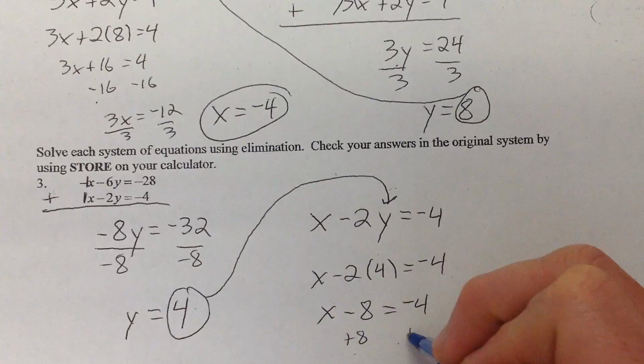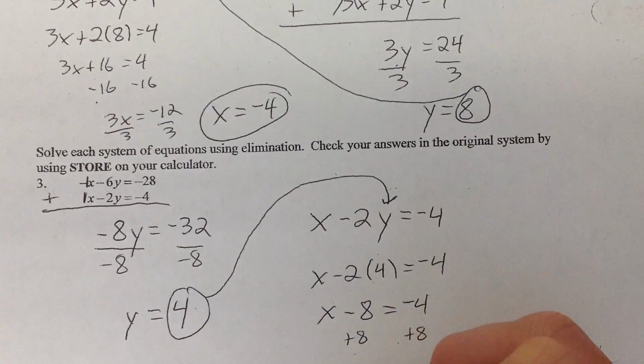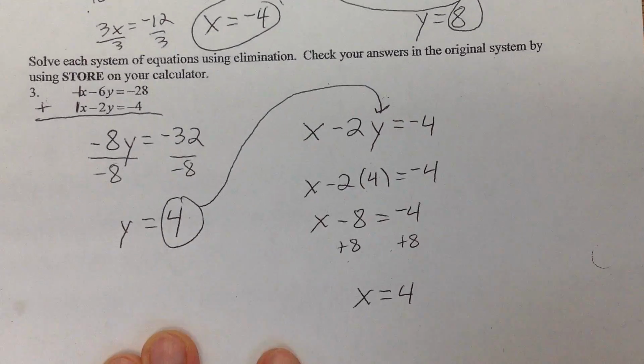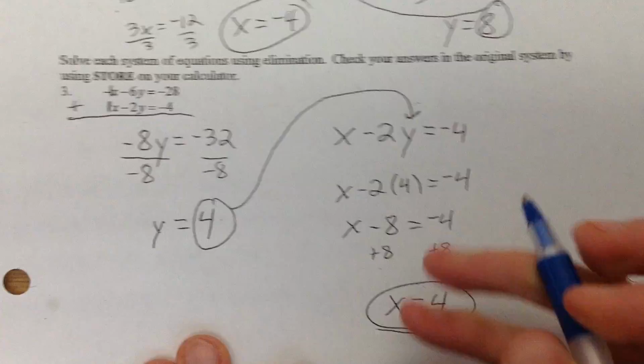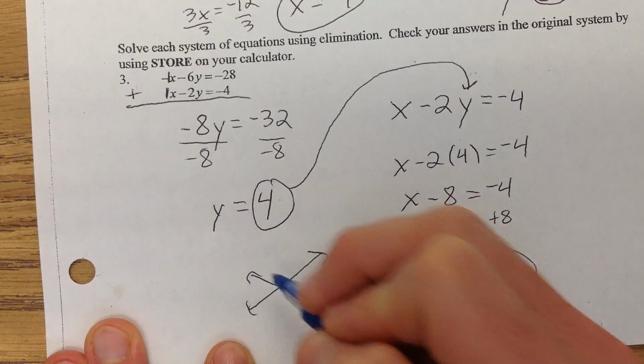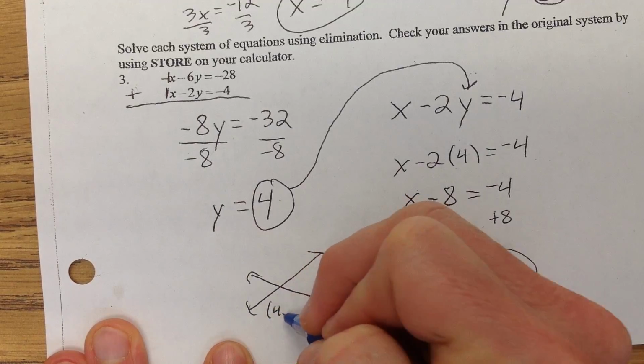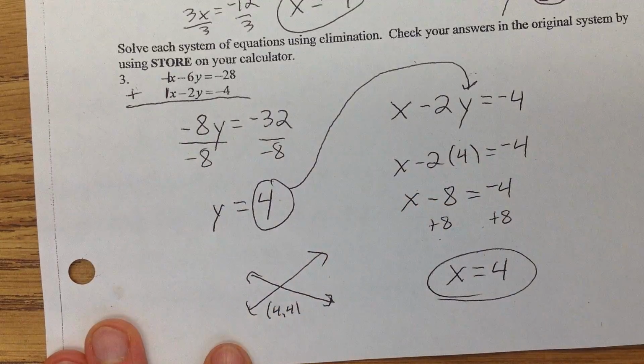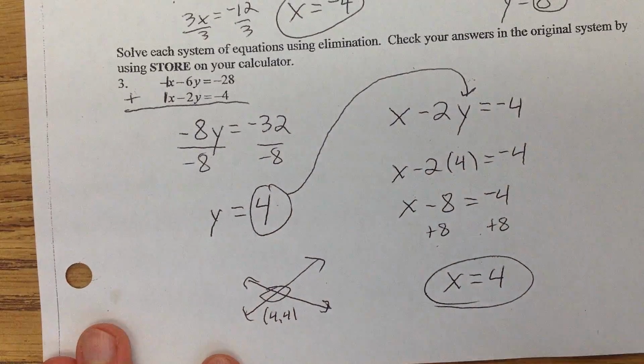And then if I add 8 to both sides, I'm going to end up with x equals 4. So again, if we were to actually graph these lines, we'd be seeing that they intersected at the point 4, 4.